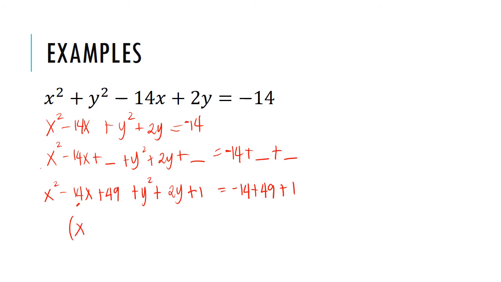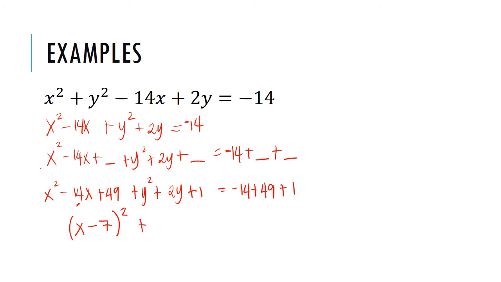Perfect square na siya. X minus 7 squared. Yung operation between these two terms, yung minus na to, nagdedepende kung ano yung nasa middle term. Kung plus yan, plus din dito. So, since minus 14x, minus 7 din.